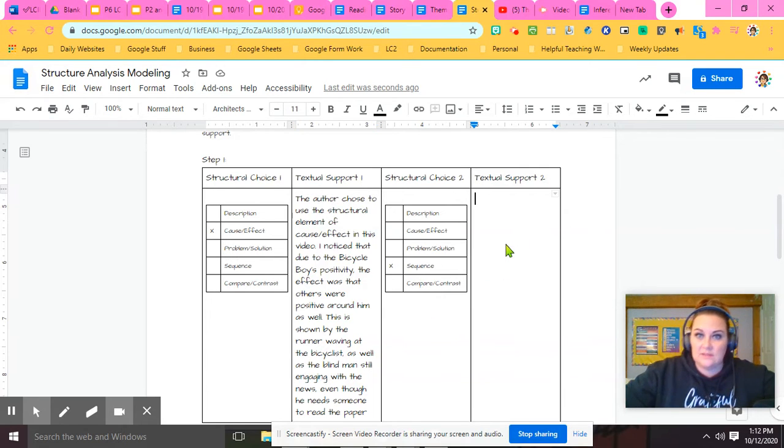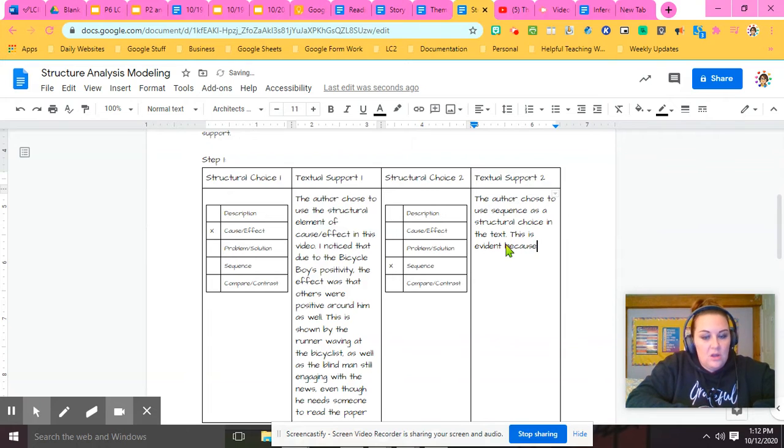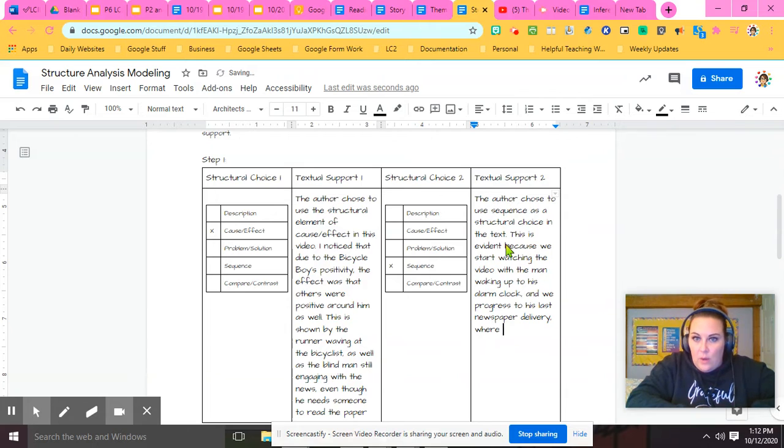Okay, and sequence. So the author chose to use sequence as a structural choice in the text because, this is evident because we start watching the video with the man waking up to his alarm clock, and we progress to his last newspaper delivery where he sits down to read to the blind man.